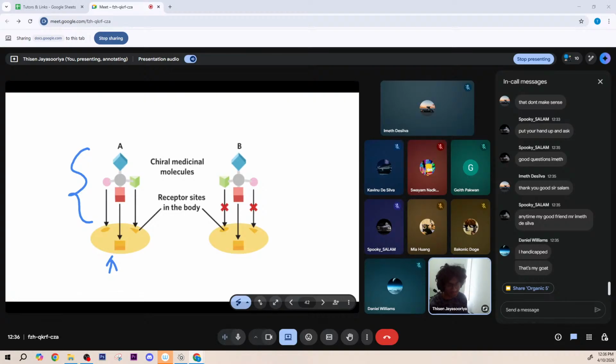Specific meaning they're specific to the molecule, and complementary being like, if this is going to be a rectangle, it needs to have a rectangle hole in it. That's why this one doesn't work over here, because it is not specific and complementary.